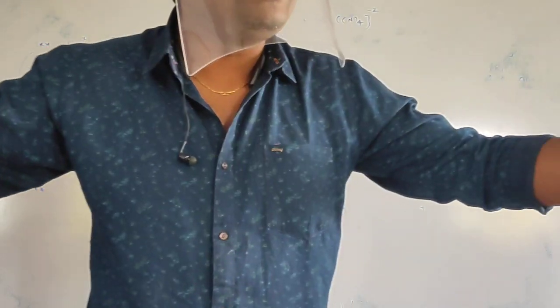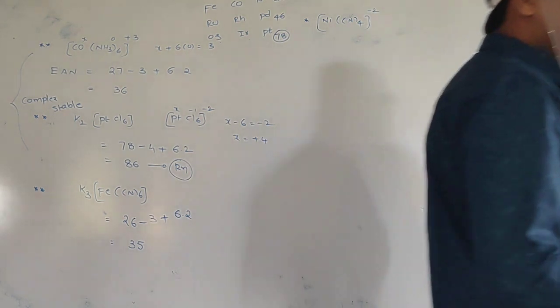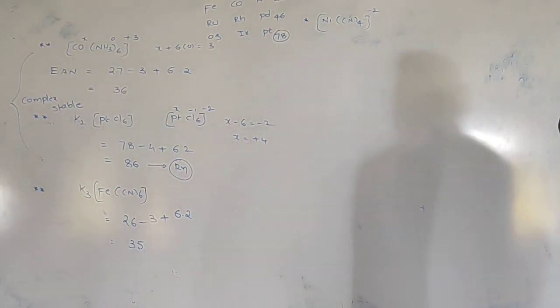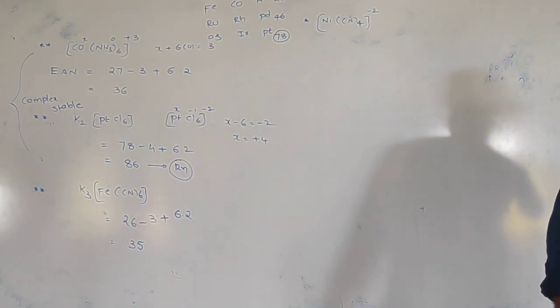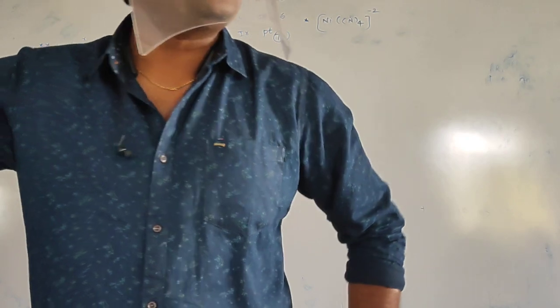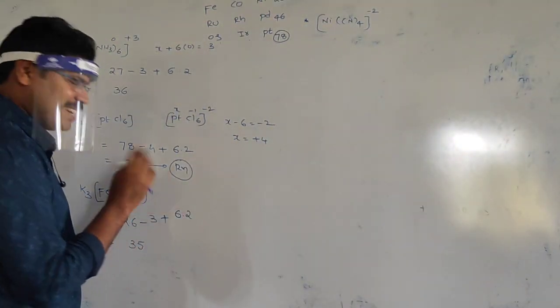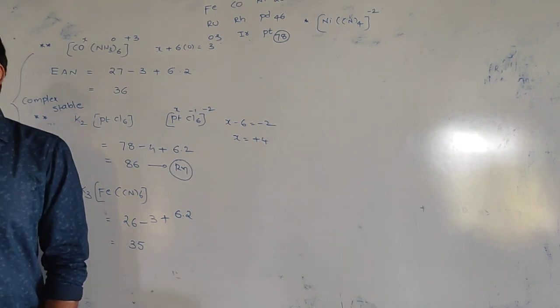With respect to iron, plus 3 is more stable than plus 2. Why, sir? Because plus 2 means 3d6, and plus 3 means 3d5. 3d5 appears to be more stable due to its half-filled configuration. But according to Sidgwick, this is unstable, which is not at all fair.